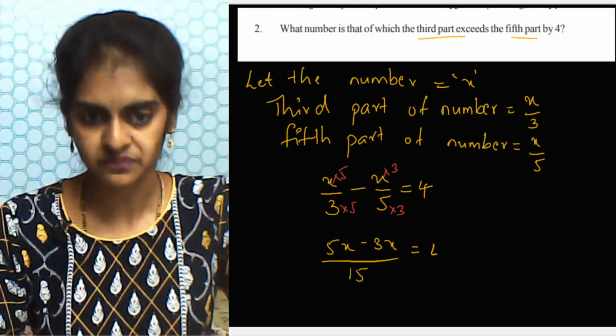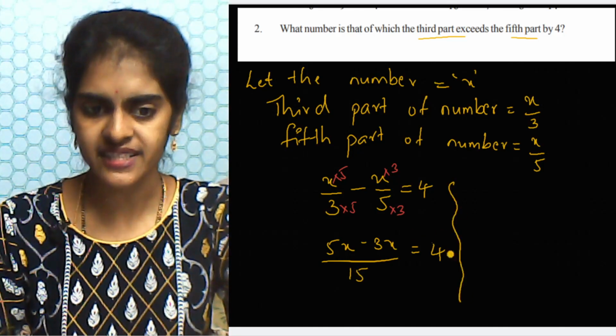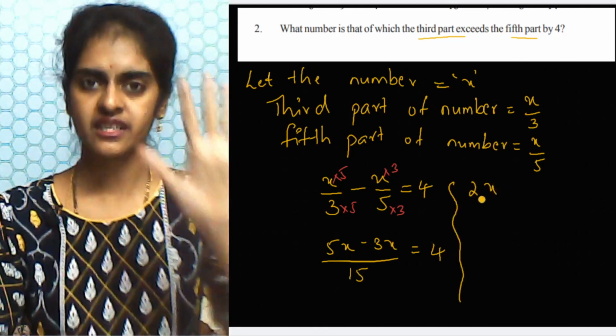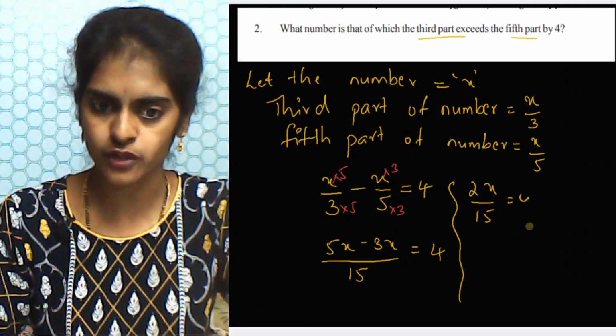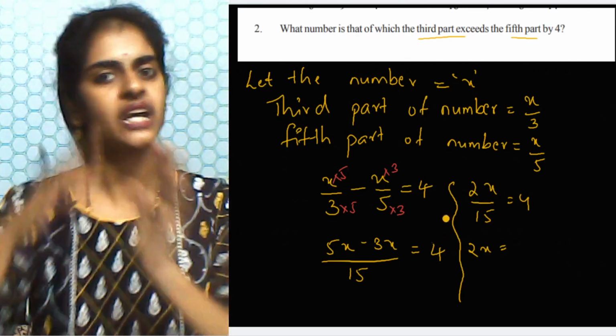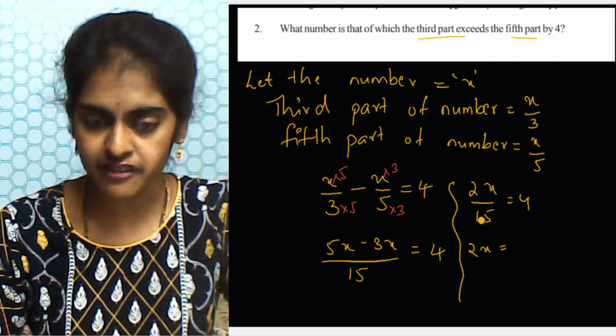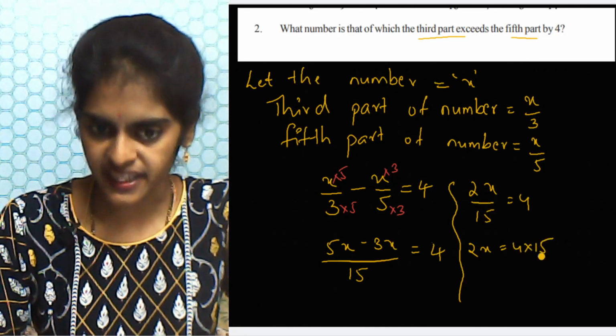So what is 5x minus 3x? 5x minus 3x is nothing but 2x, divided by 15, is equal to 4. I just want the value of x, so I'll send this 15 to the RHS. Transposing 15 to the RHS, this is division, so it becomes multiplication.